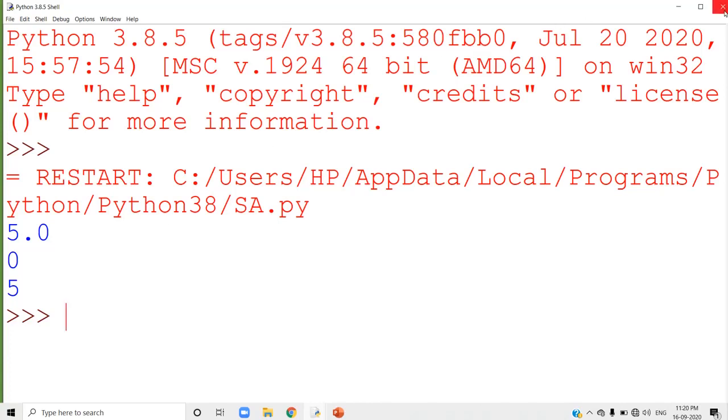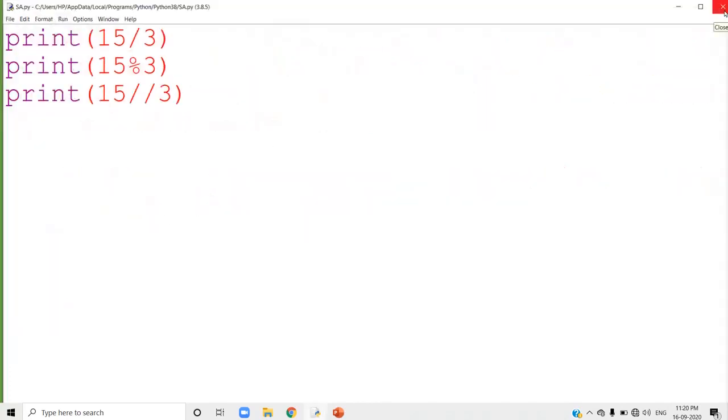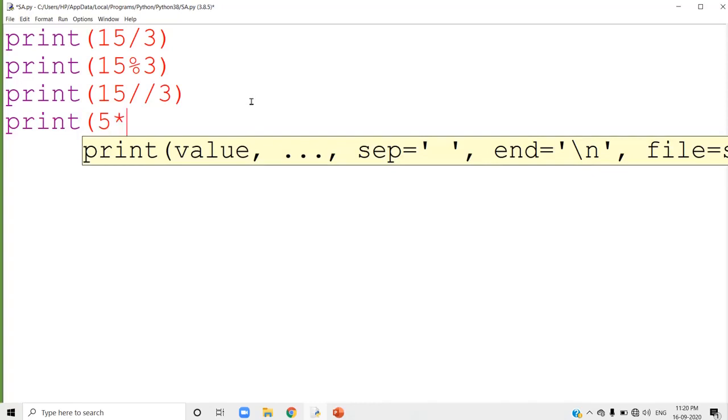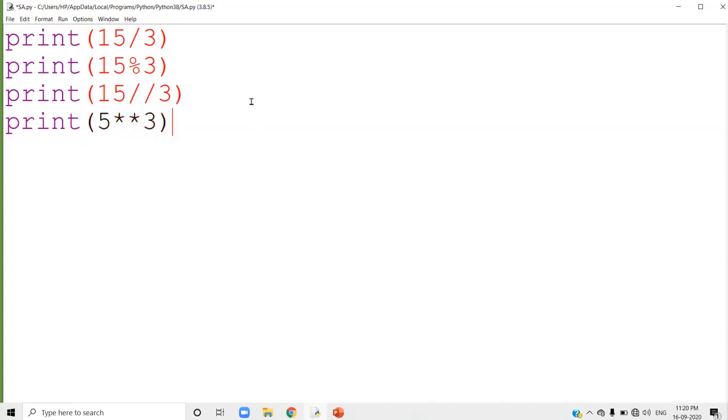So those are the different types of operators. Multiplication and division, all these things you know. Addition operation, I am not trying out here. And next, I am going to use print 5 double star 3. That means 5 raised to 3. 5 raised to 3 means 5 into 5 into 5.